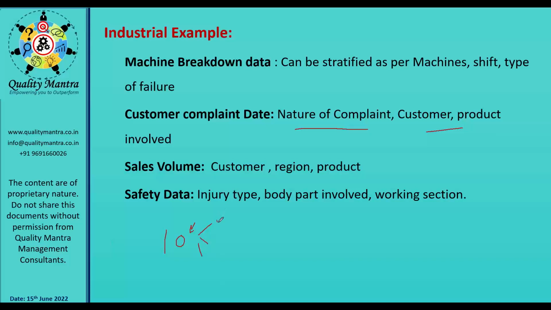What is the nature of complaint? Who were the customers? What are the products involved? Then you will see whether the complaints are in a particular product, whether the problem is with a particular customer or area, what kind of problem you are facing.